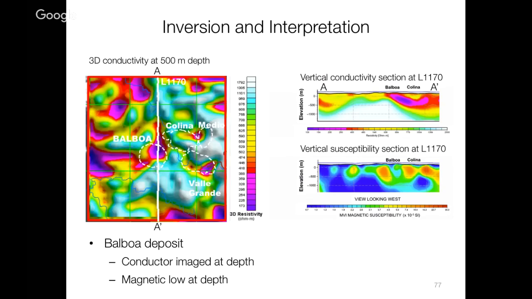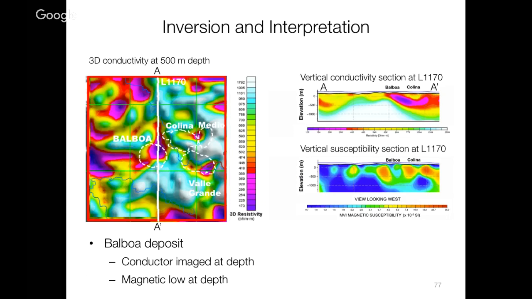Now they do a 3D inversion of this, and they find that in this region here, there's a large conductor that's imaged at depth. So this is at 500 meters. And if they did a cross section along this line here, you end up with something like this.